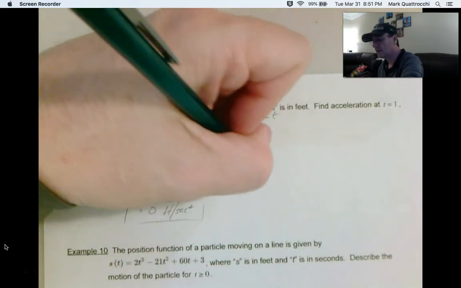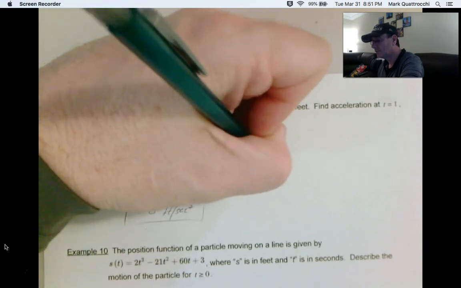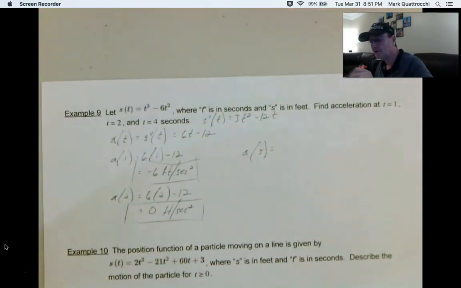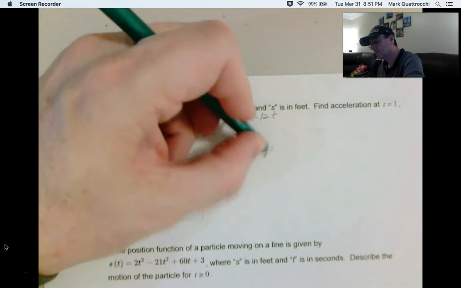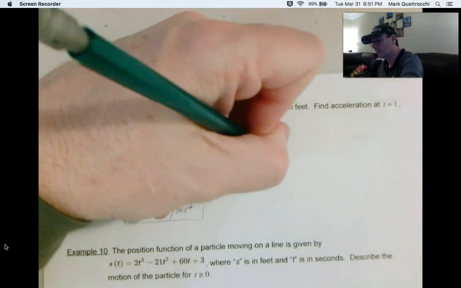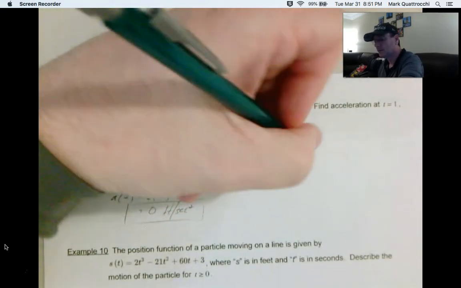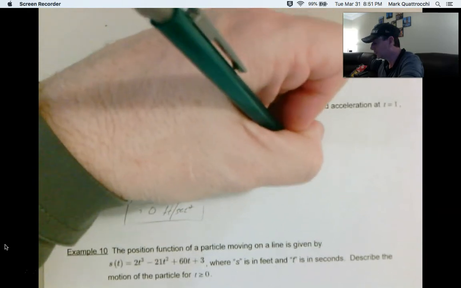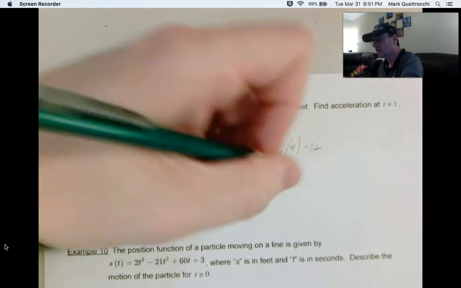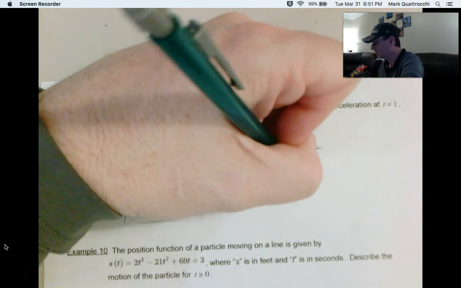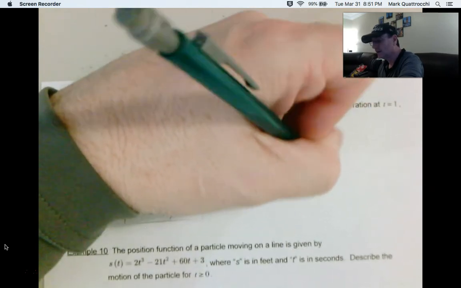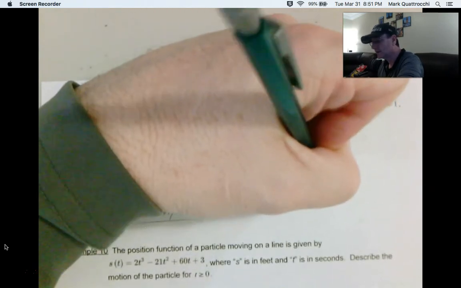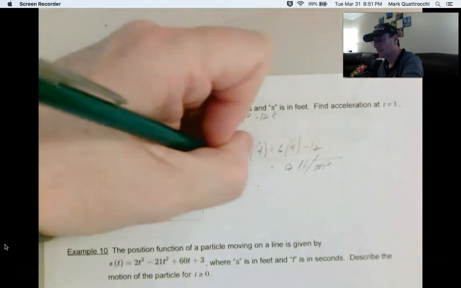And our last one, a of 4, is going to be 6 times 4 minus 12, or 12 feet per second squared.